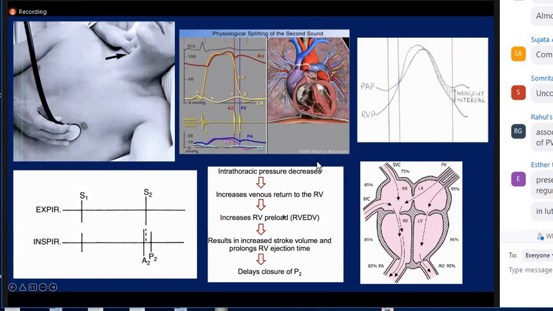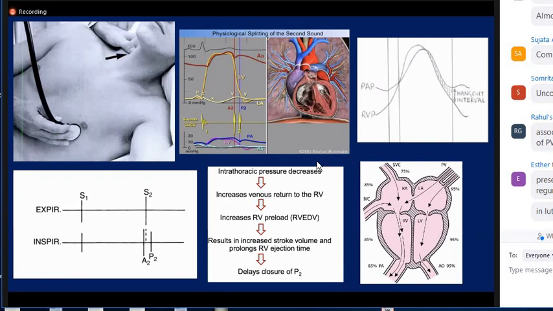As soon as you breathe in, with negative intrathoracic pressure, the venous return to the heart will increase. The right ventricular end-diastolic volume will increase. During cardiac contraction, the right ventricular stroke volume will increase, and the right ventricular ejection time will increase. The pulmonary closure time will be very much delayed, so the hangout interval will be delayed.